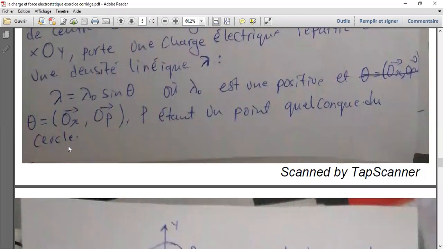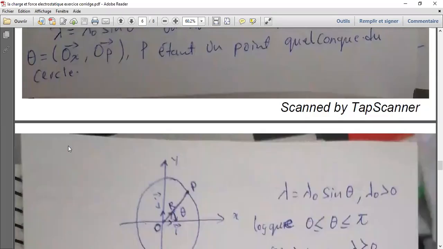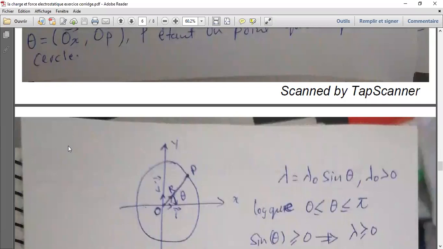Meaning, this P, I can represent wherever I want. Since we are dealing with a density, a cloud of charges, it means that there are charges all over this circle. When you hear linear density, you should know that they are talking about a cloud of charges around this circle.